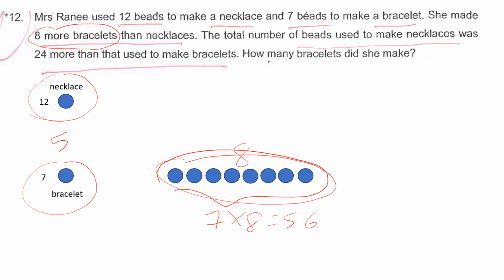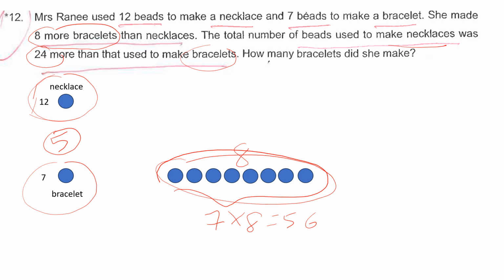But look at the question in the third sentence. They mentioned that the total number of beads used to make the necklace was 24 more compared to the bracelet. That means to say if I have to make one necklace and one bracelet, I will need 5 more beads to make the necklace.